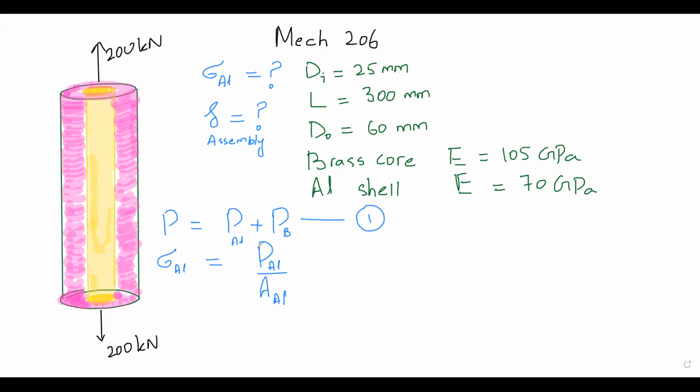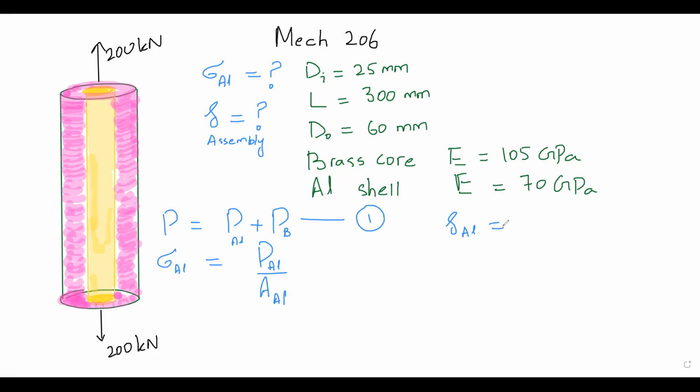Now, in order to crack P aluminium, I need one more equation. Statics actually raised its hands and is telling me that you need concepts of deformation. So how can I come up with another equation? The deformation in aluminum should be equal to deformation in brass. Good. So he's right.